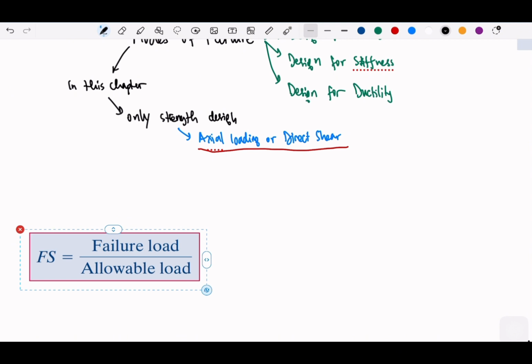Suppose we are going to design something, so we have load and we have resistance.